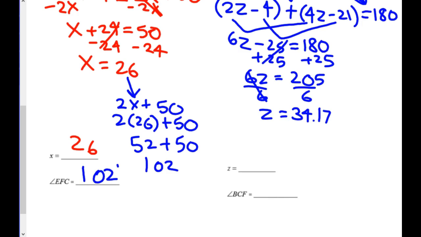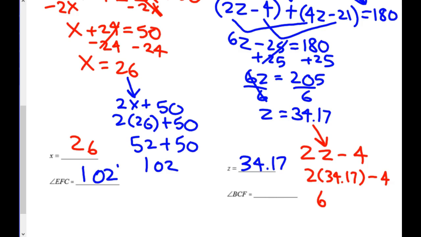You get 34.16 repeating, so we're going to round. And then you got to plug that into BCF, which is 2z minus 4, you end up getting 64.33 degrees. That one takes a little bit extra calculator work, so I'm helping you out on that one.